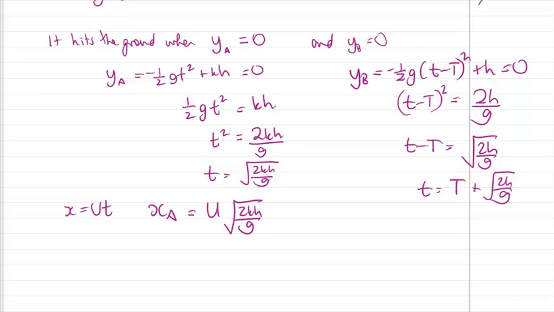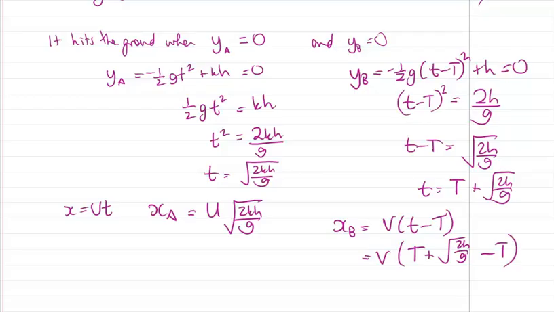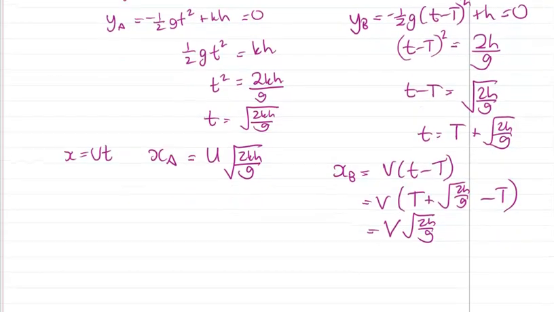All right, the x-coordinate for B equals V times (t minus capital T). So it equals V, that t is T plus root 2h on g, less T. So it equals V root 2h on g. All right, so I've got an expression for the x-coordinate for A and an expression for the x displacement of B. I'm going to equate those because we're told they hit at the same point.